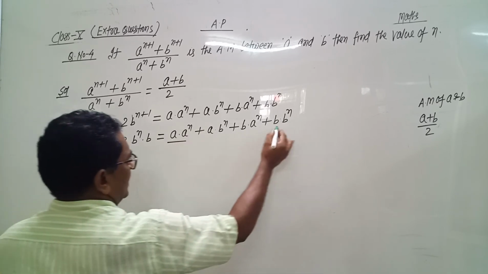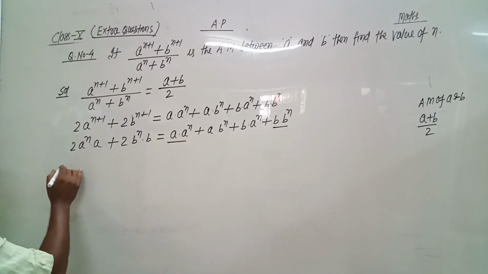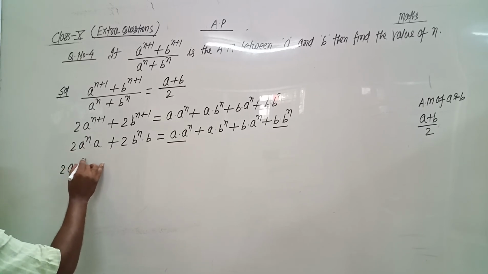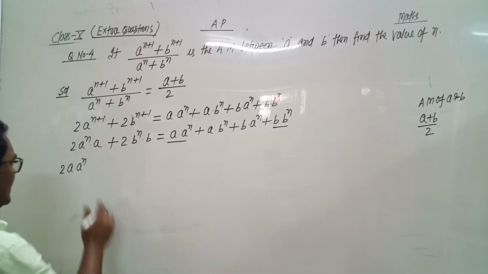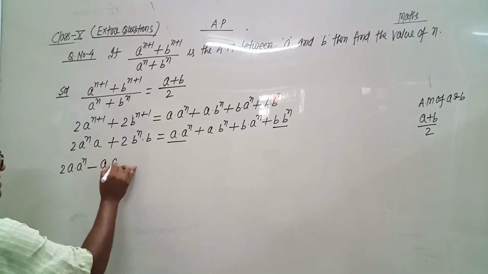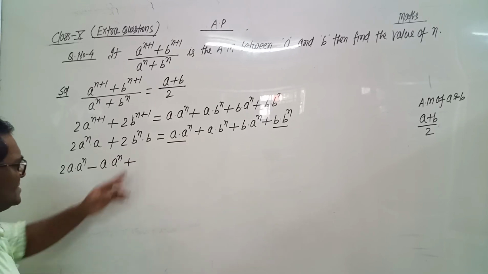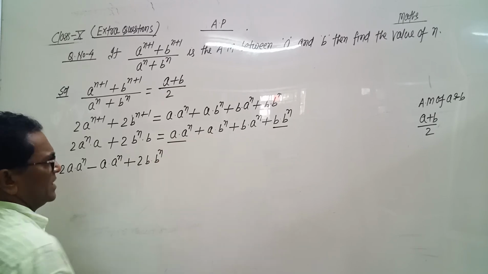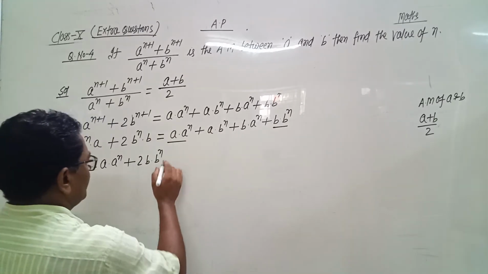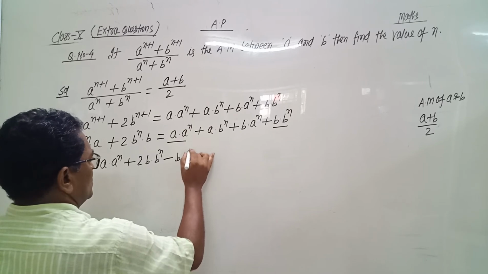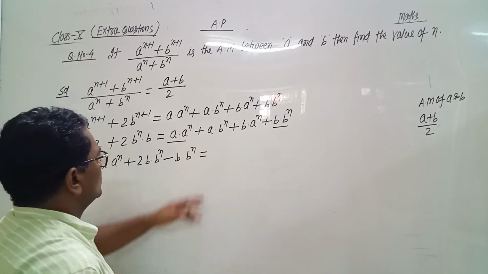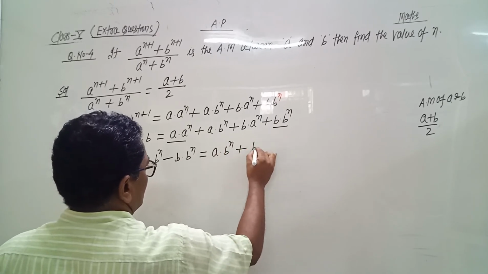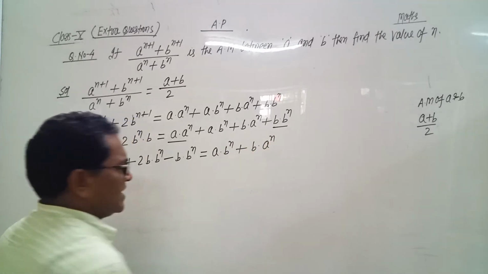These two terms will come on the left side. So 2 into a raised to the power n, and this will go on the left side, so minus a into a raised to the power n, plus 2 into b raised to the power n, and this will also go on the left side, minus b into b raised to the power n, equals to a into b raised to the power n plus b into a raised to the power n.